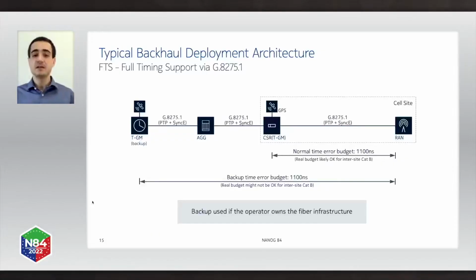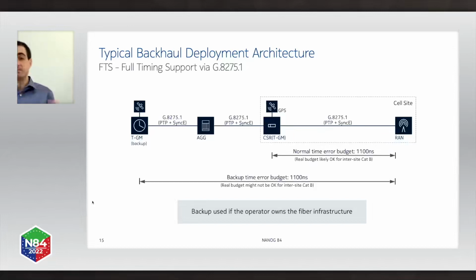In this case, if you own the fiber infrastructure and you're able to provide full timing support all the way to a backup centralized time reference, you could essentially just switch to that more centralized location in case the GPS fails.